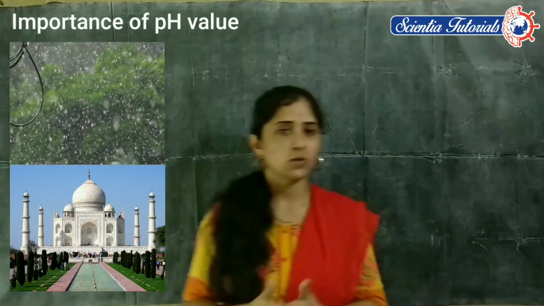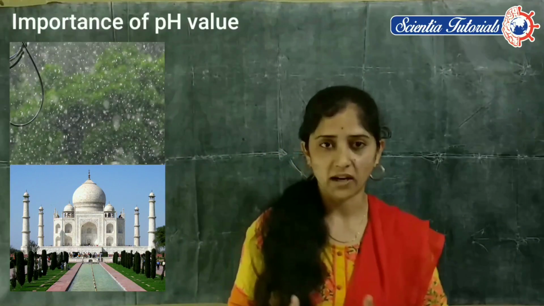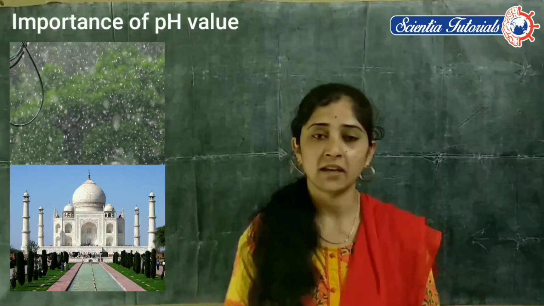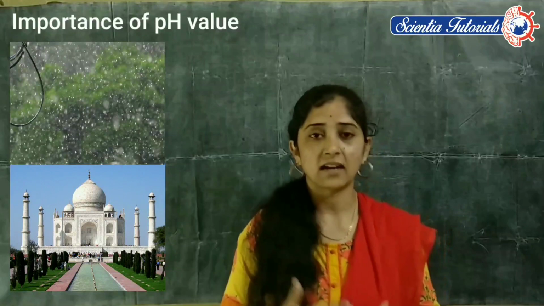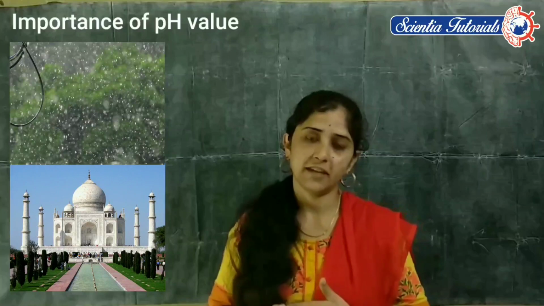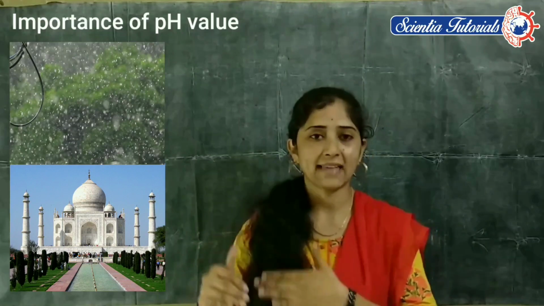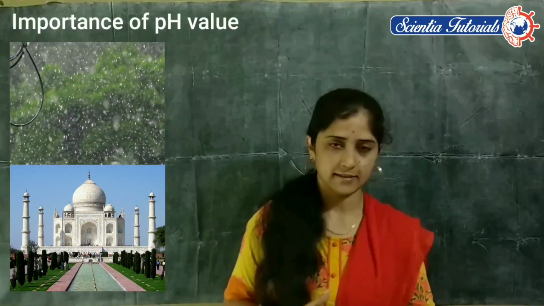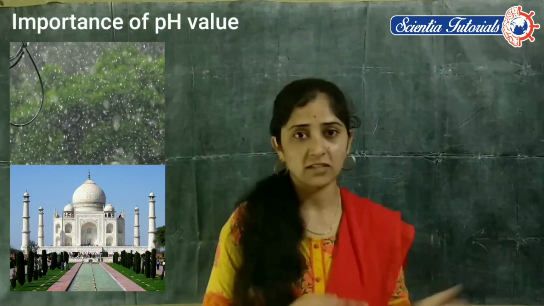What is acid rain? Carbonic acid, sulfuric acid and nitric acid mix with rainwater, and this rainwater falls down and flows into the river.